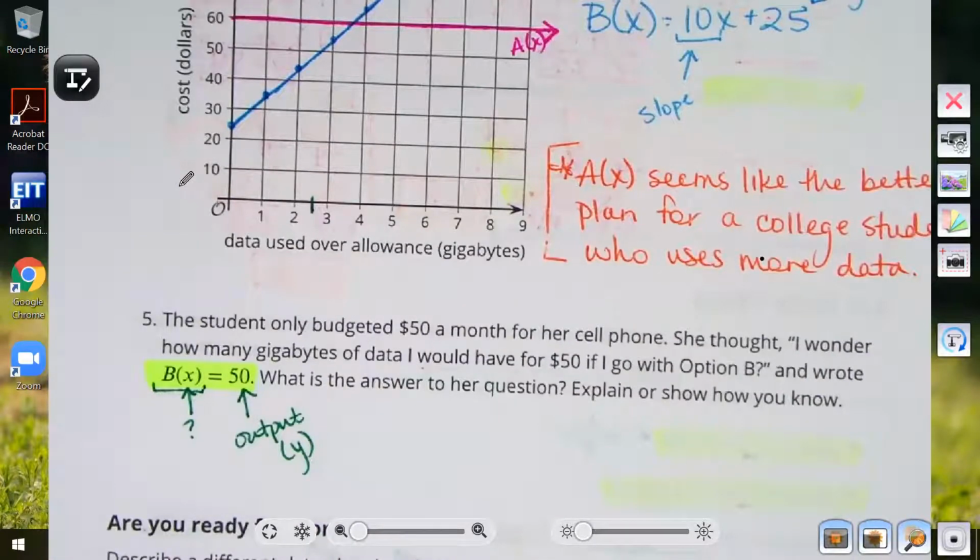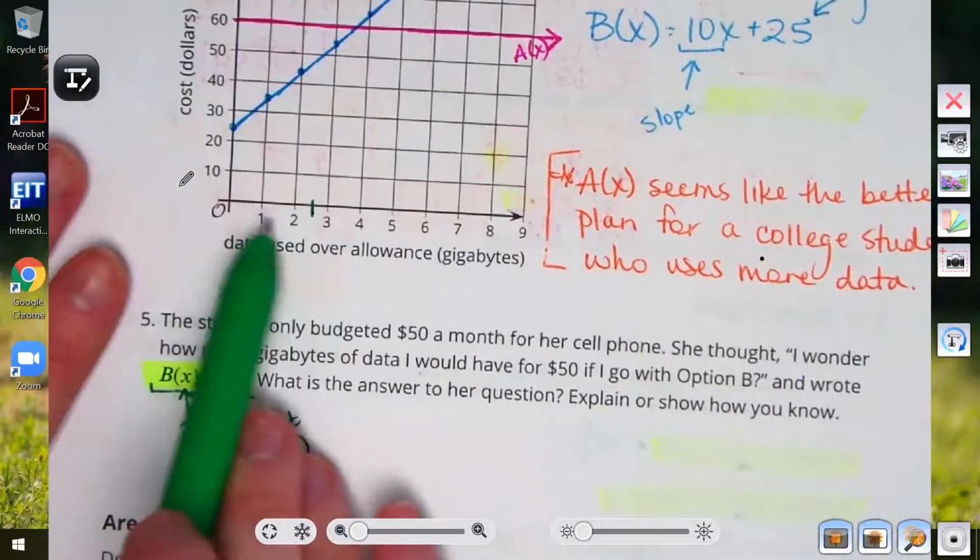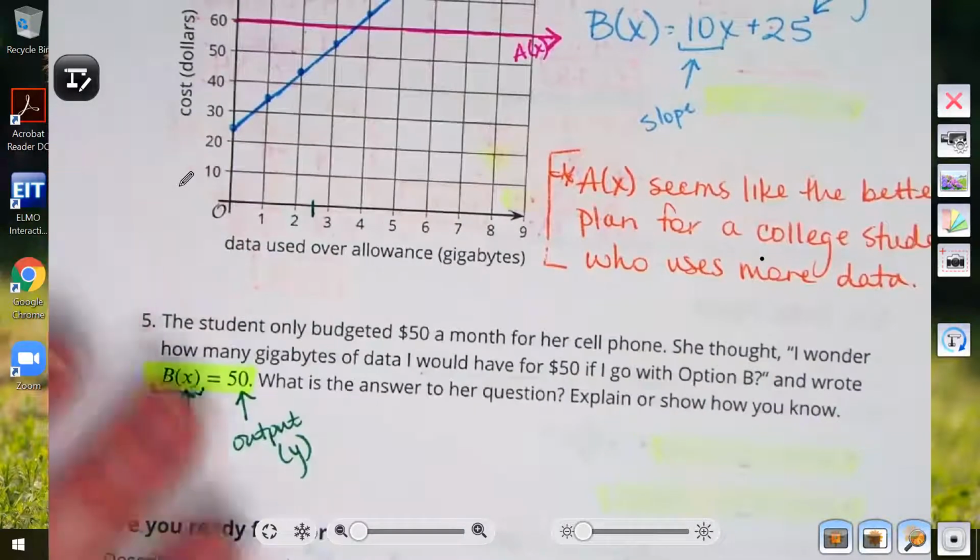I wonder how many gigabytes of data I would have for 50 if I go with option B. Yeah, that would make sense. She could use 4.5 gigs of data per month because she started with 2. Does everyone understand how we got that? Because you start with, yeah, this is 2.5 gigs over the original 2.